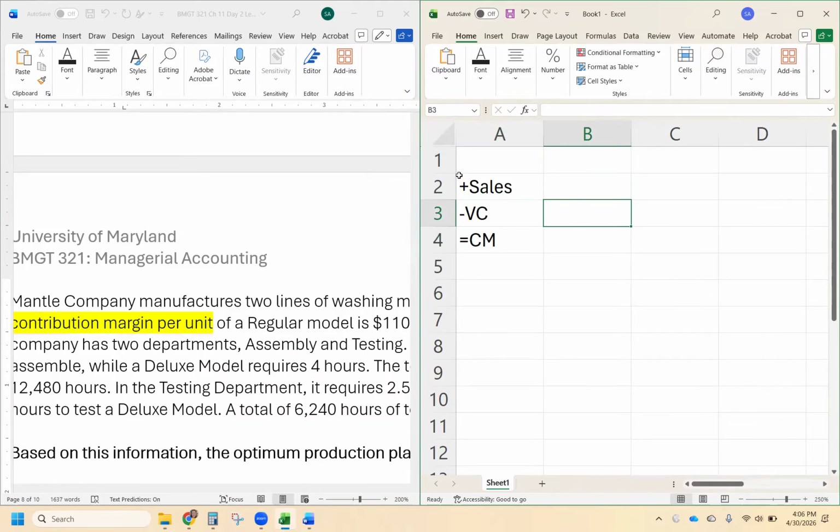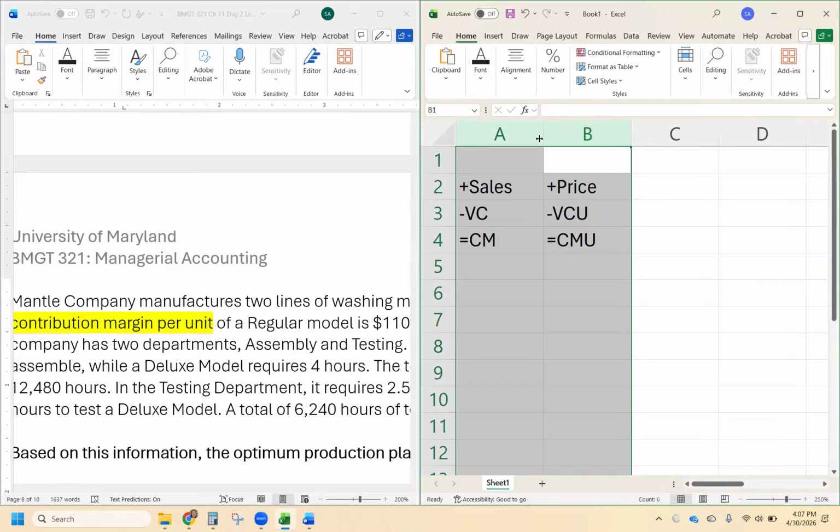And that's in total. If I want to do it per unit, then I can do my price, and then subtract my variable cost per unit, and that will give me my contribution margin per unit. So that's the things I know about CMU.